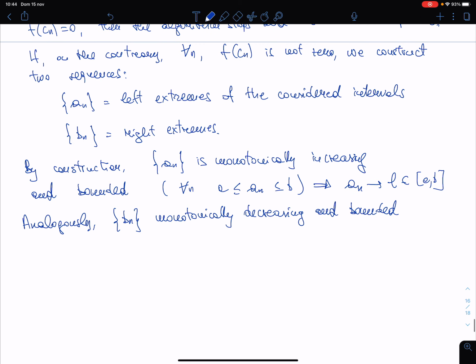So b_n converges, and we have that b_n tends to some k in [a, b]. Finally, a_n is always less than b_n, which implies, by permanence of sign, that the limit of a_n cannot exceed the limit of b_n.